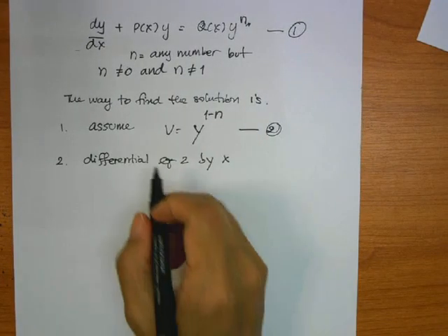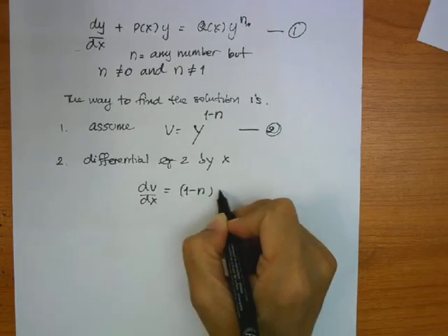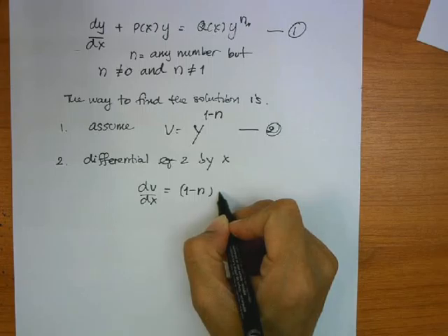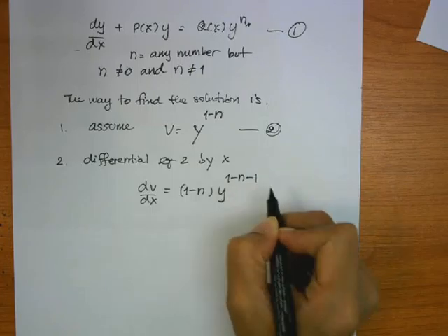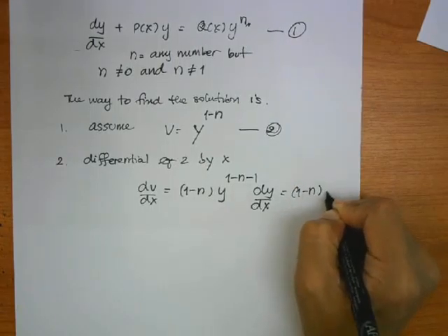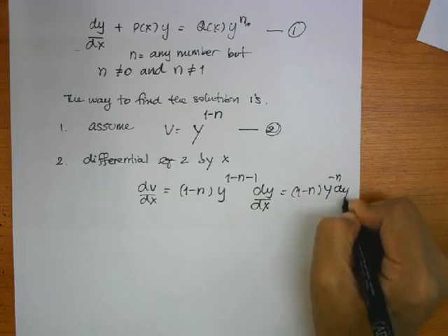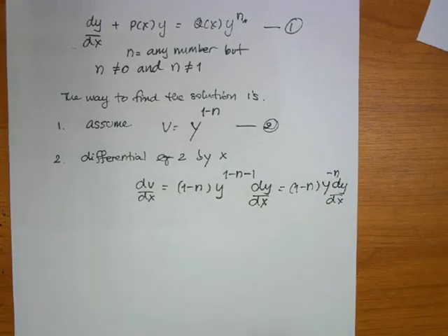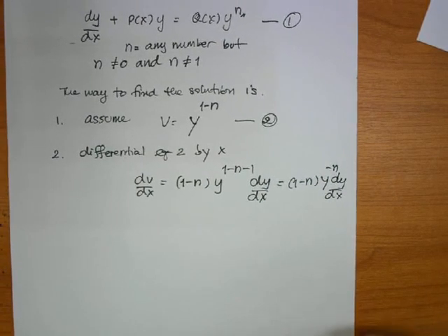You would get dv/dx is equal to 1 minus n times y to the power 1 minus n minus 1 times dy/dx, or 1 minus n times y to the power of minus n times dy/dx. You rearrange this equation in such a way that dy/dx is a function of dv/dx.